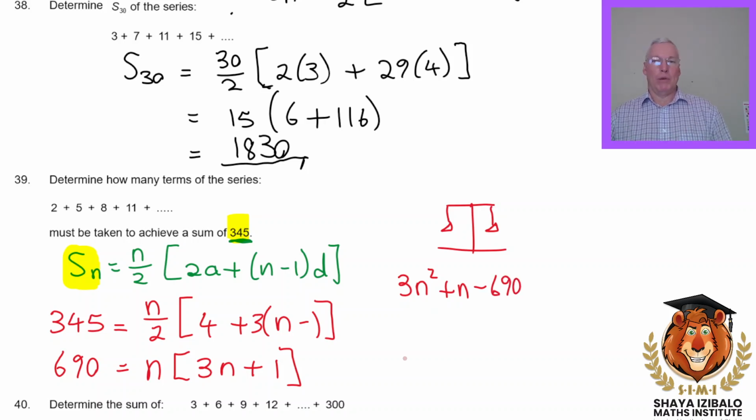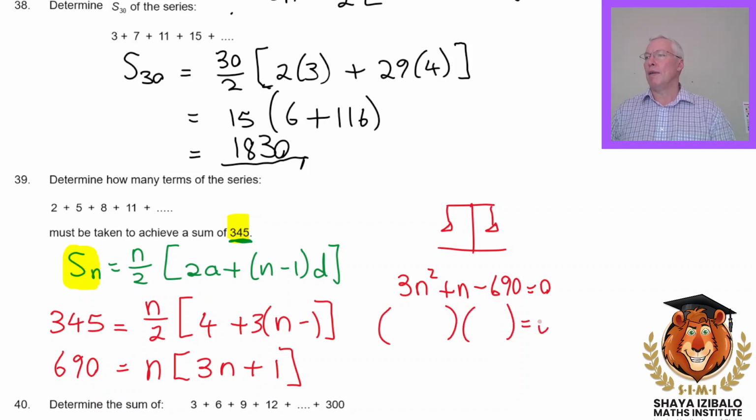Okay, and we're going to now try and solve this. Remember, we could use our quadratic formula. I am expecting a whole number answer for n, so I'm going to try and see if we can factorize it. Let's think about some factors of 690.